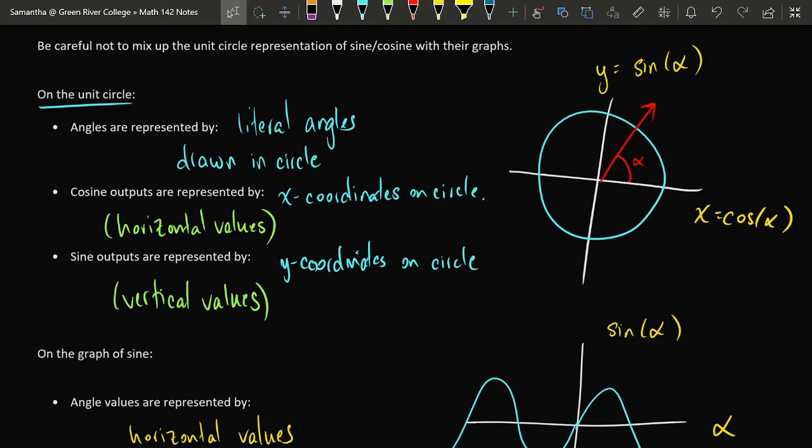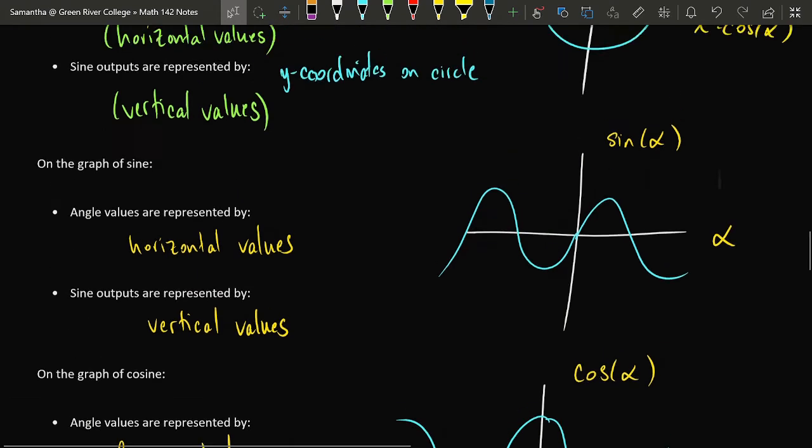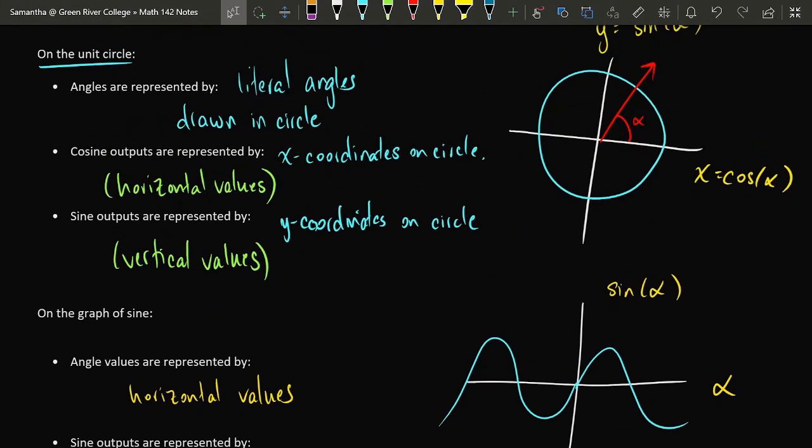So working with the unit circle versus working with the graphs of sine and cosine, you do have to be careful to know exactly what is being represented on the horizontal axis versus what is being represented on the vertical axis. It's just like when you're working with any other kind of chart.